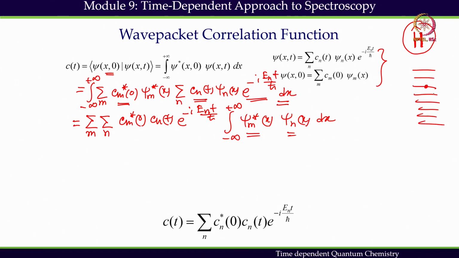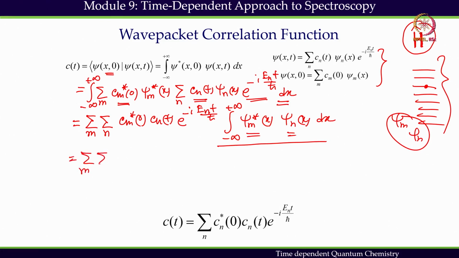So this psi m and psi n actually represent these stationary states. That's why this part can be represented as a delta function. If I represent it as a delta function, what I get is these summations, and then Cm star 0, Cn(t), e to the minus i En t by h cut, then delta mn.